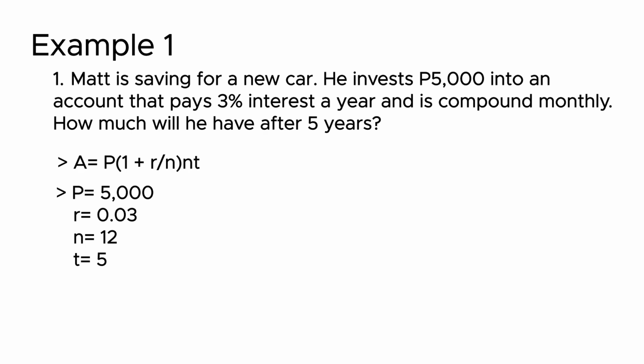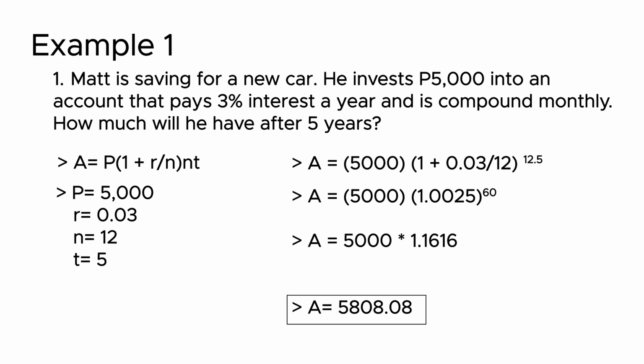If we plug it all in, A is equal to 5,000 times (1 plus 0.03 over 12) to the power 12 times 5. So 0.03 divided by 12 is equal to 0.0025.